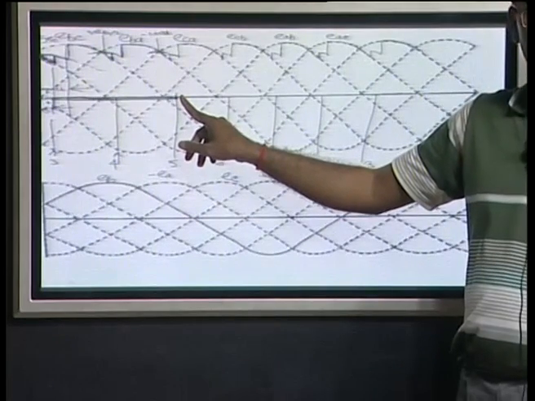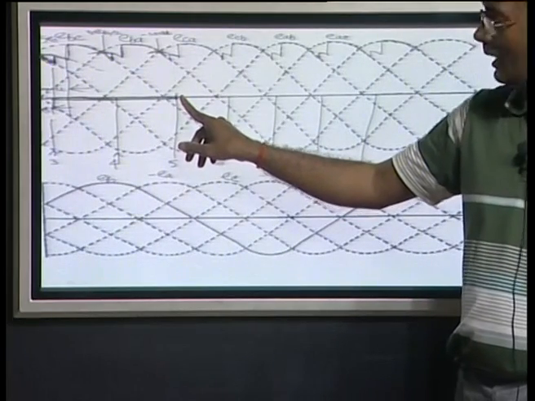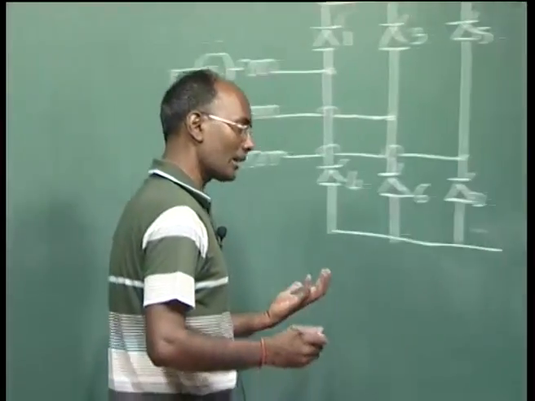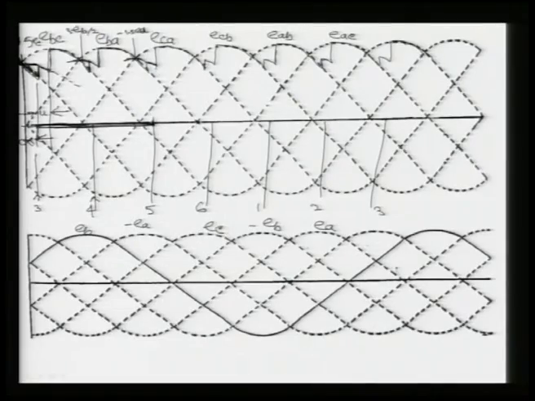Now the commutation between 3 and 5 starts, and it goes up to u degree. Once it is conducting, the voltage across valve 3 will be 0 up to this point.